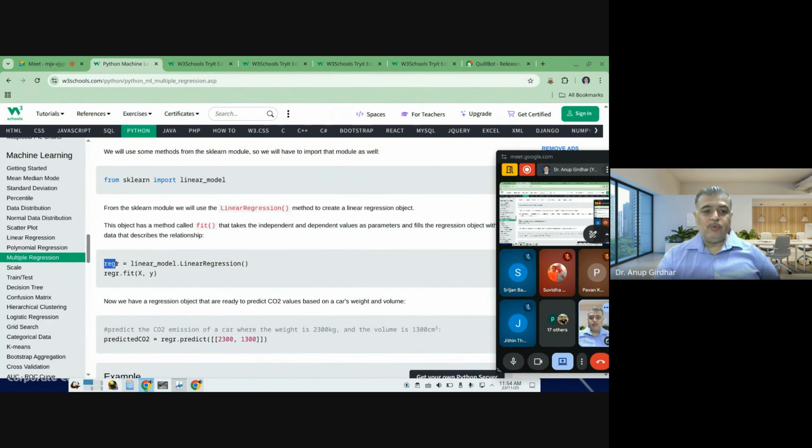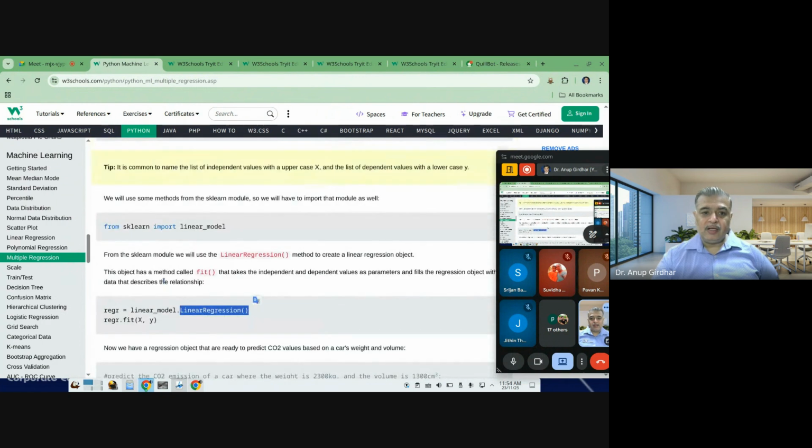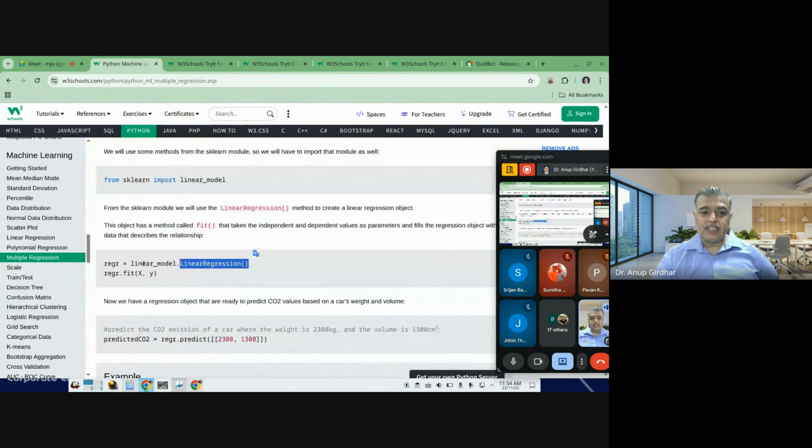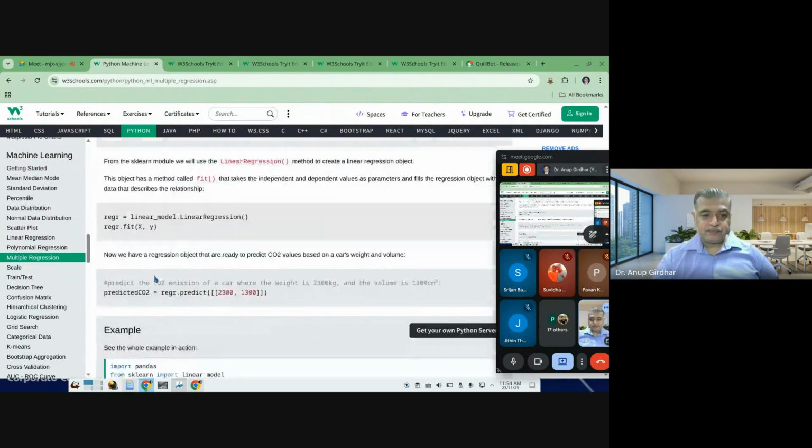There we create an object called regr, which equals linear_model, the class you are calling, and the method is LinearRegression. Then call the fit method on the x and y collection. Whatever x and y have already been defined, let us fit them with this linear regression method. This is how you fit your data.